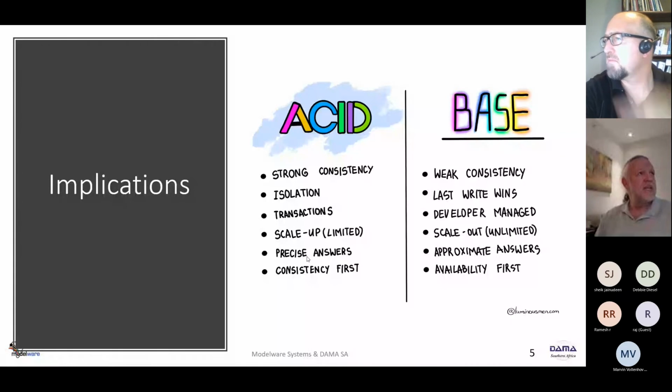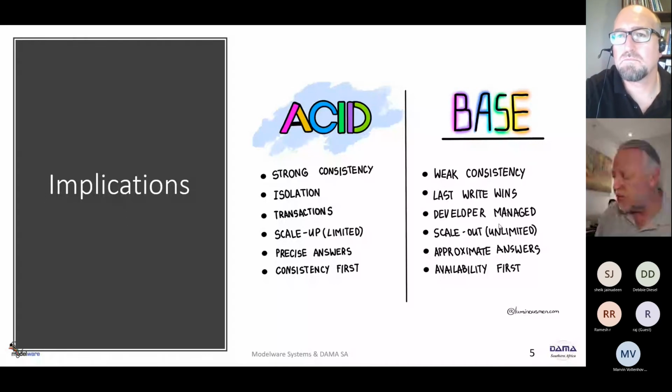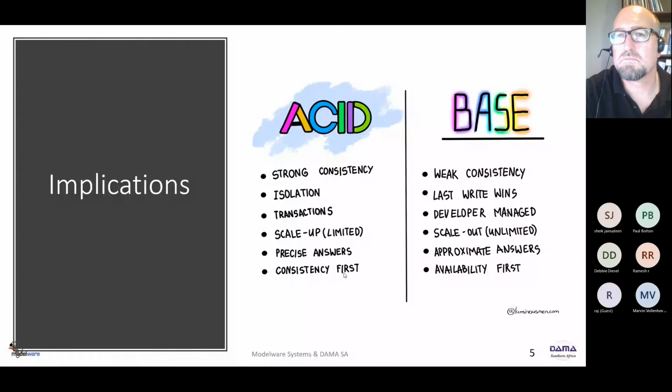With ACID, you're getting precise answers. With BASE, it's approximate. You're basically reading dirty all the time, which is interesting. ACID is consistency first, whereas BASE is availability first. So these are different options, different choices.